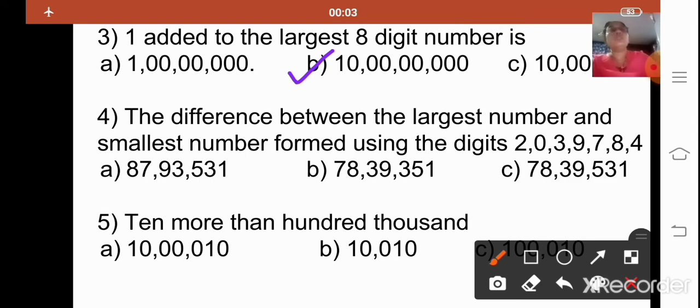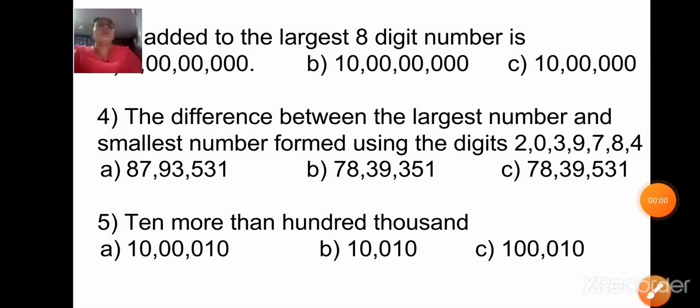Now when you subtract, you will get the answer as 78 lakh 39,531. So you have to just solve it first and then choose the correct option. Here you will get the option as 78 lakh 39,531.